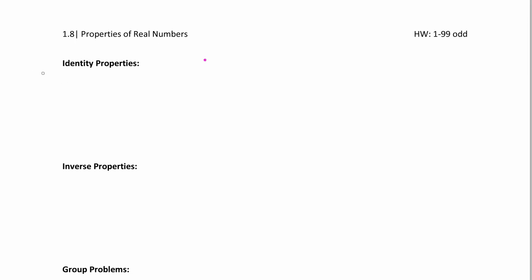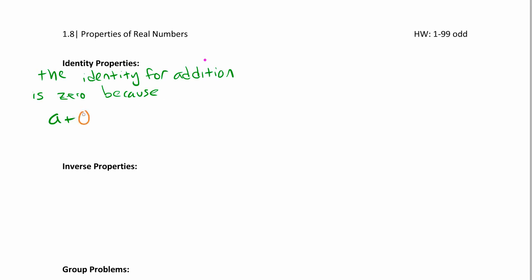The identity for addition is 0 because A plus 0 equals A. And so this is what being an identity is about.